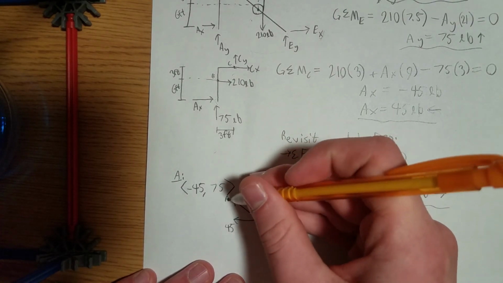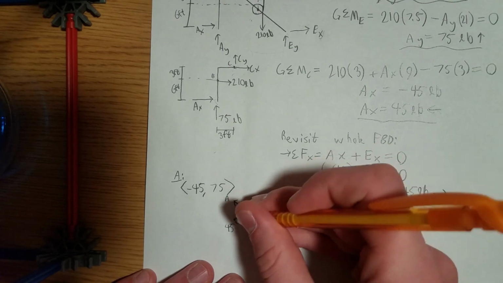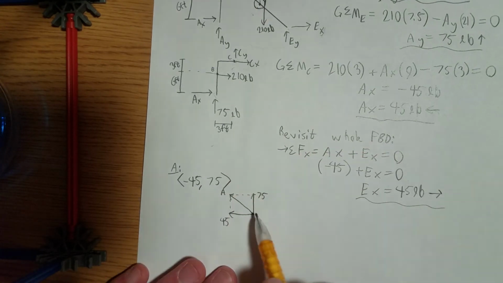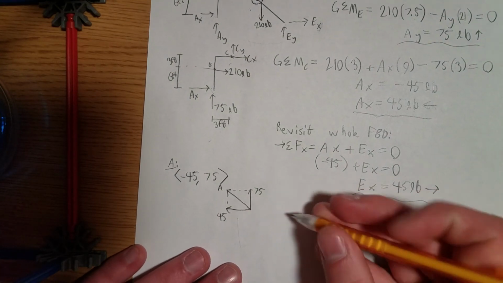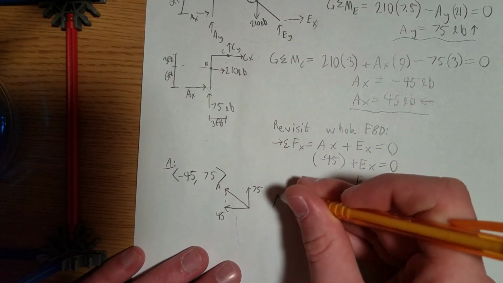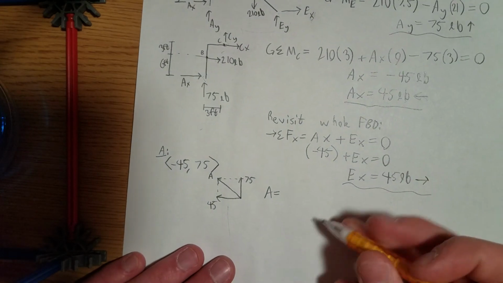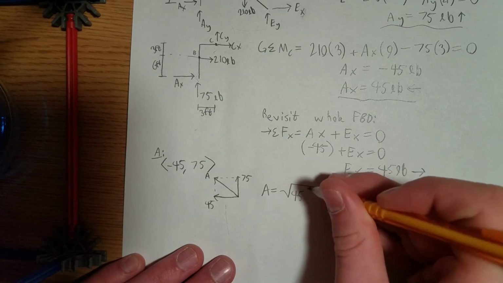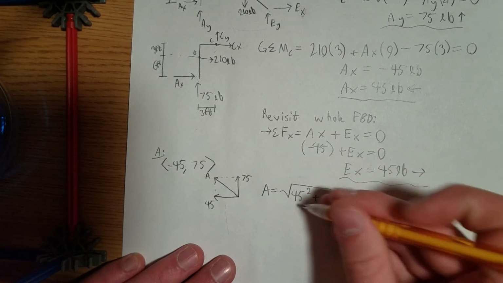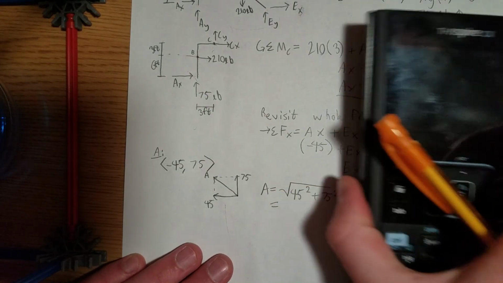This would just be the reaction at A, and it'd be an addition of these. Well, we're going to do Pythagorean theorem to find that. So A is going to be equal to the square root of 45 squared plus 75 squared. This will give us what our magnitude is.